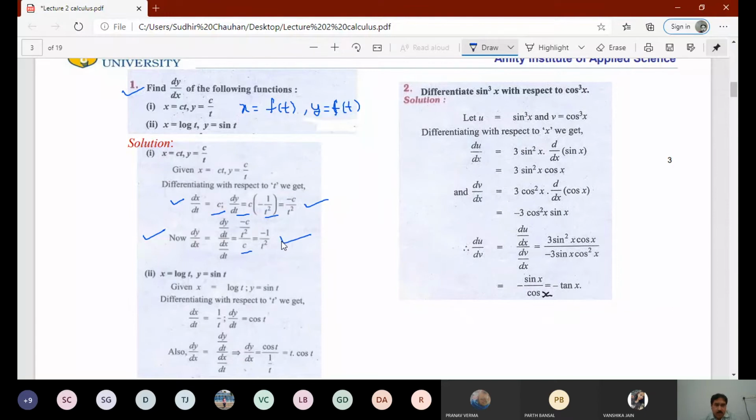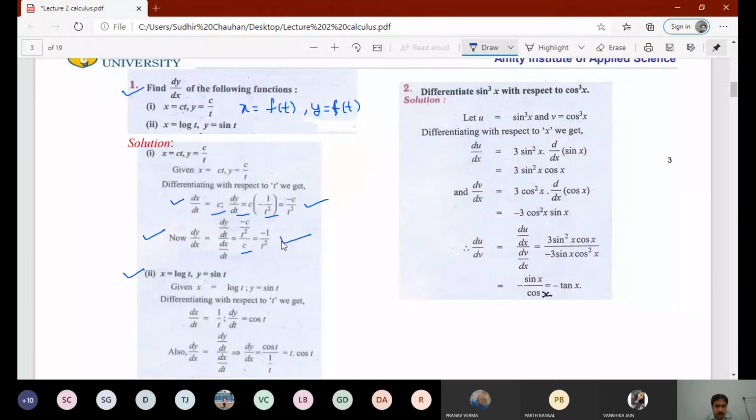We have to remember, whenever x and y are given as functions of t, then we can find dy by dx as dy by dt divided by dx by dt. These are also known as parametric form. Next, x is log t, y is sin t. Again we do the same.